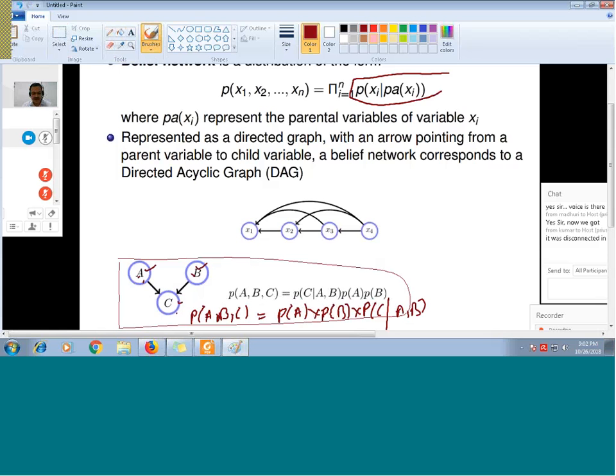The equation is this: for every item you write this item given its parents. So here 4 variables are there.